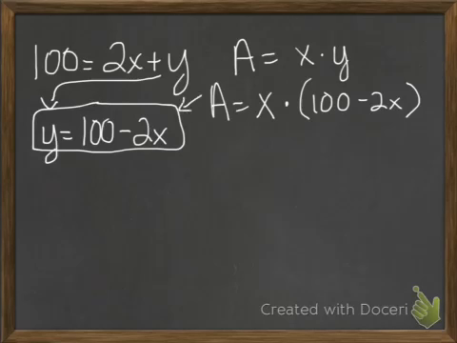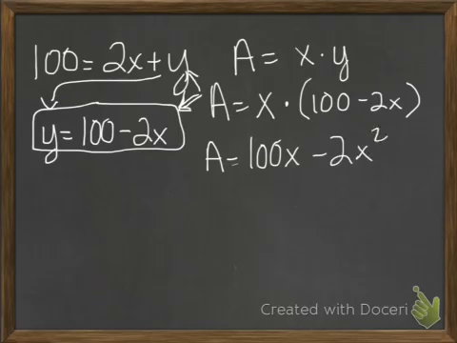Remember, we use that there to explain what y is. Now we're going to go ahead and distribute and solve for this. So area here equals 100x minus 2x squared.